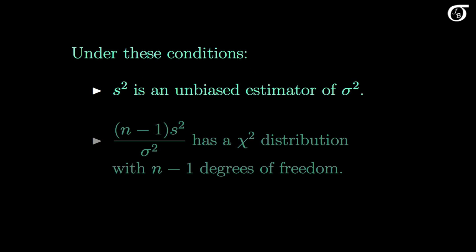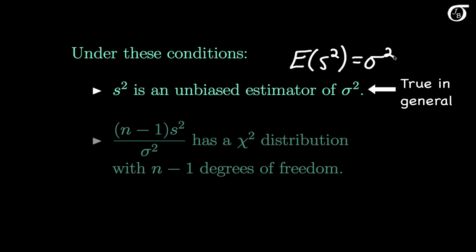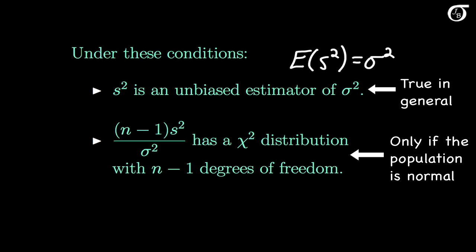We've learned previously that the sample variance S squared is an unbiased estimator of the population variance sigma squared, meaning the expectation of S squared is equal to sigma squared. We don't need normality for that. That's true in general. But we do need normality for this second part. I discussed the sampling distribution of the sample variance in detail in another video. But for now, note that the sampling distribution of the sample variance is not normal.